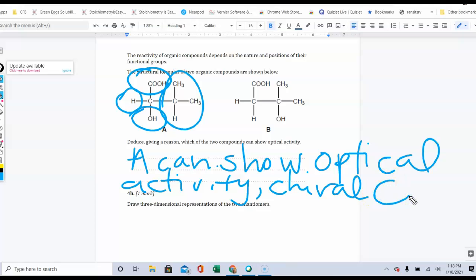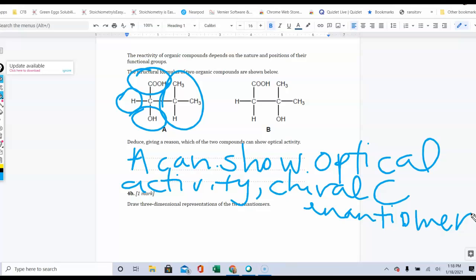Okay, that means that it has a non-superimposable enantiomer, and it can rotate the plane of polarized light. Then it wants us to draw 3-dimensional representations of the 2 enantiomers that A could be. In other words, A forms two enantiomers.